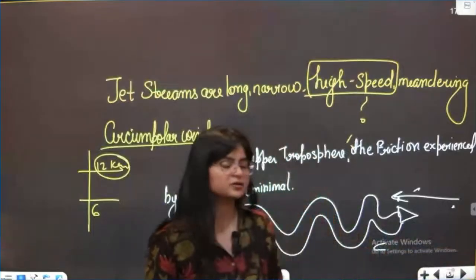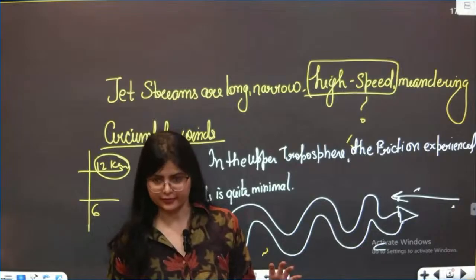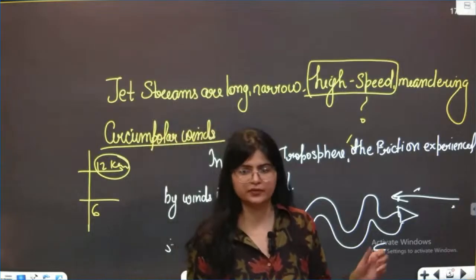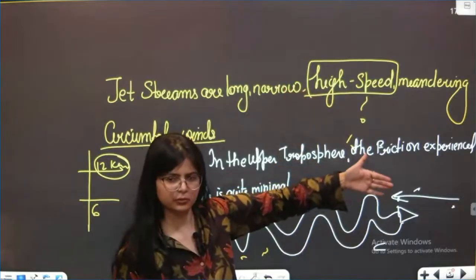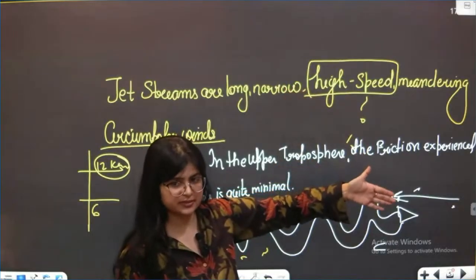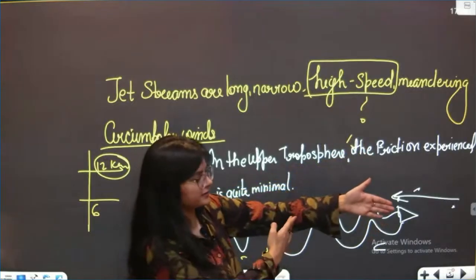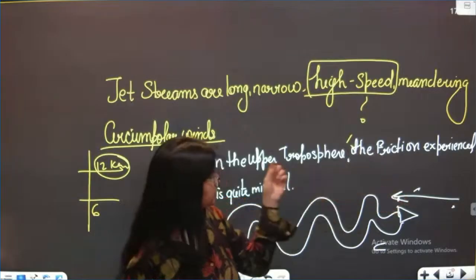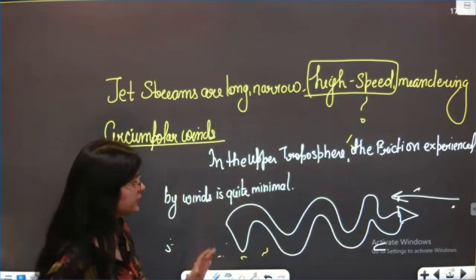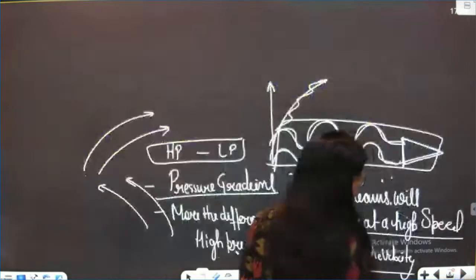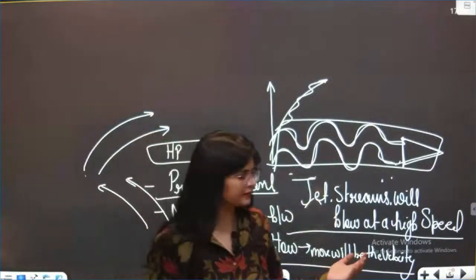Because the friction is very less, the speed of the wind is very high, and because of the Coriolis force, they are moving in this direction, not like this, okay? Because frictional force is less, the Coriolis force acts in a very nice direction. In the upper troposphere, the friction experienced by the wind is quite minimal. Most of the time they blow from west to east, right? But there are some exceptions that we have discussed.